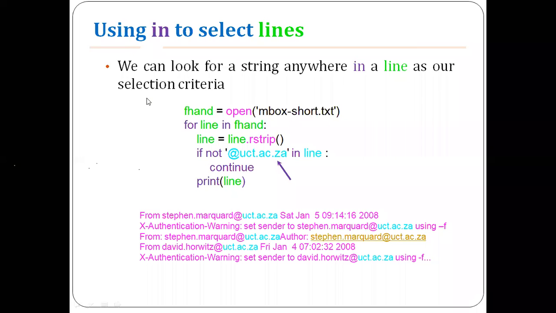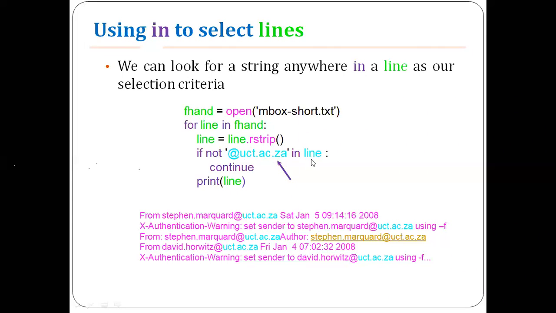Here fhand is a file handler, opened on mbox-short.txt, and I'm reading each line into an iteration variable and stripping the last white space.